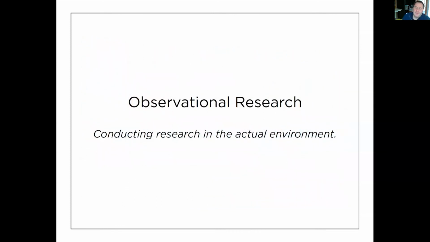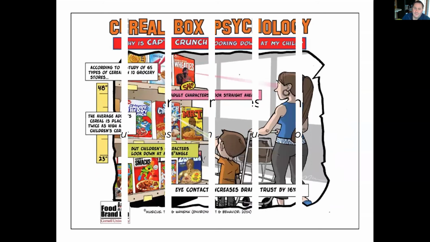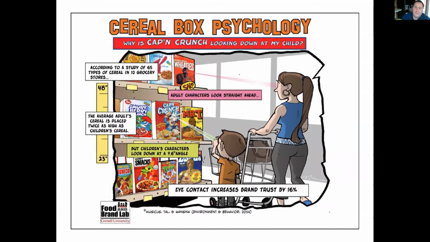All right, there's observational research, conducting research in the actual environment. One of the things here is cereal box psychology. This has been going on for decades. There is a reason for a lot of cartoon characters on cereal boxes.